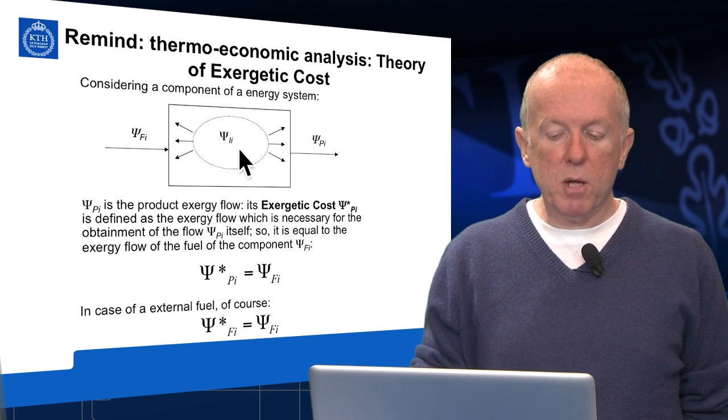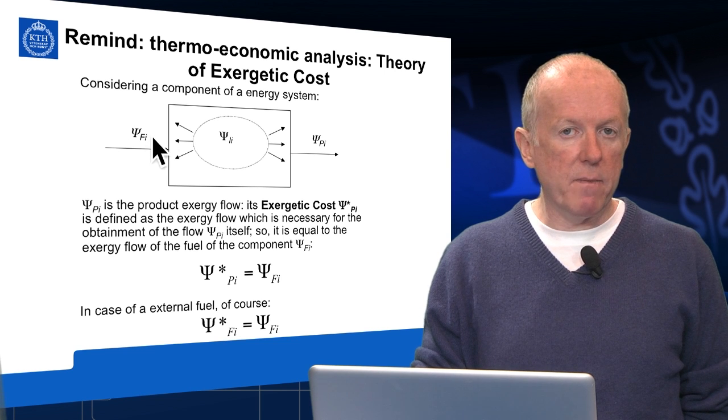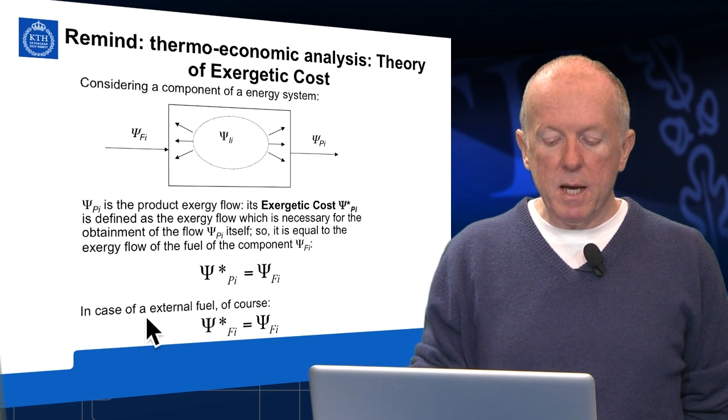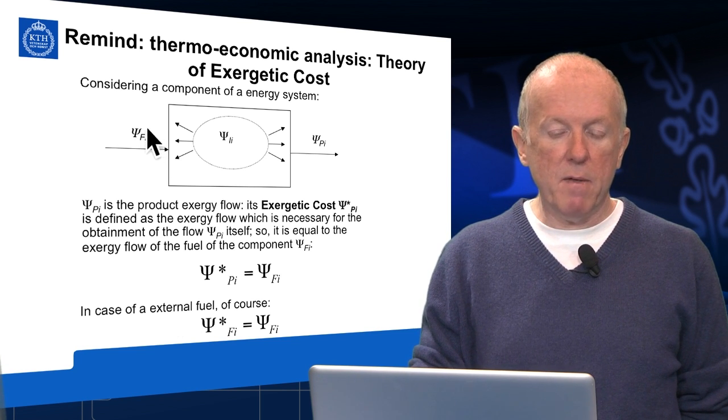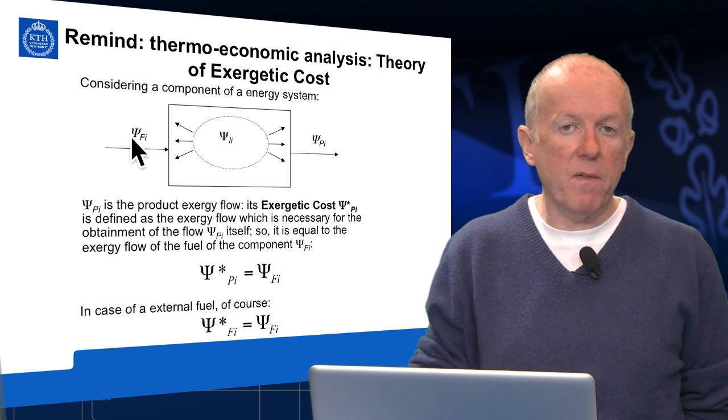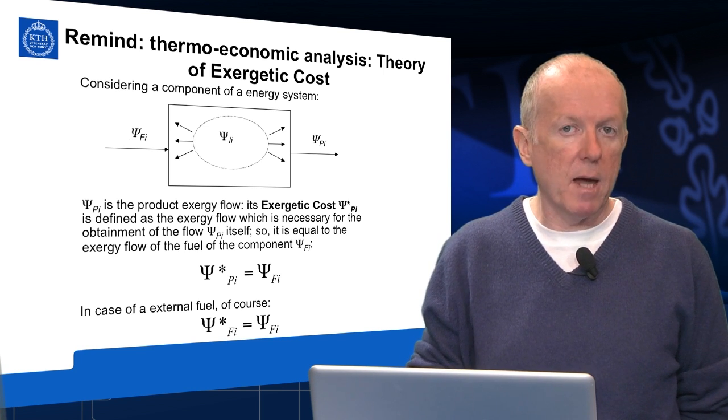So it is not produced by the component, it arrives from the external environment. So in the case of an external fuel, the exergy that has to be spent in order to obtain the Psi F flow is equal to the Psi F flow itself.